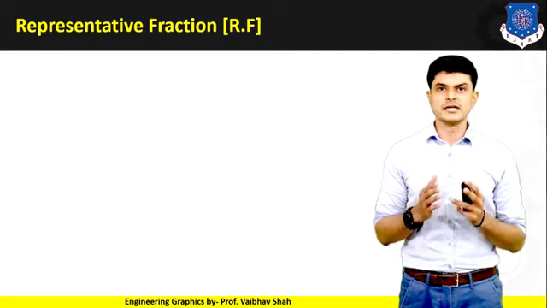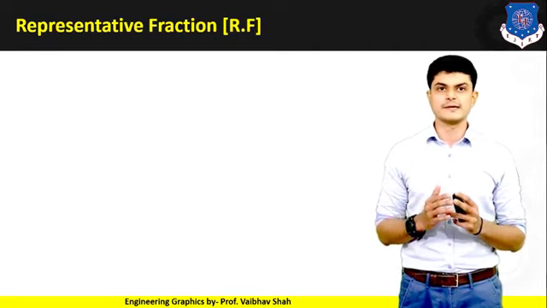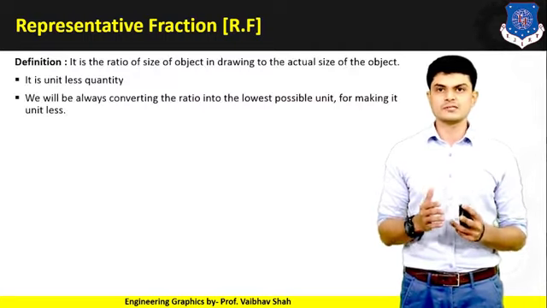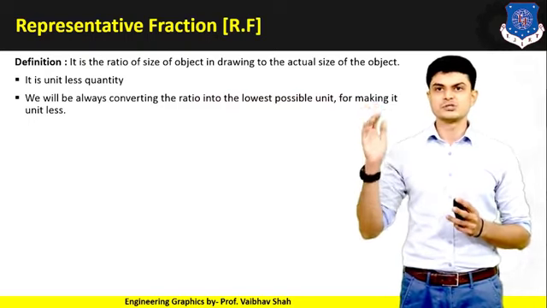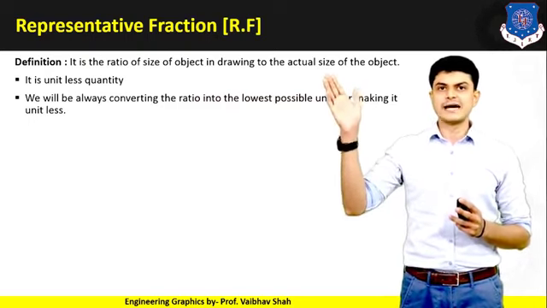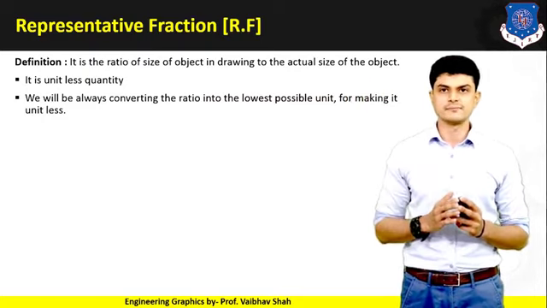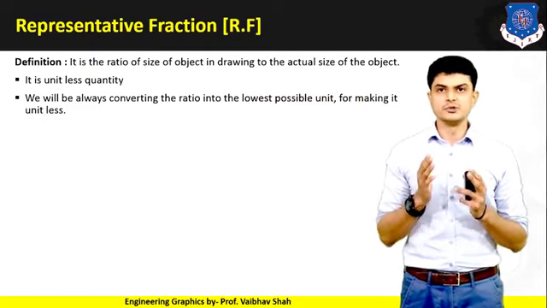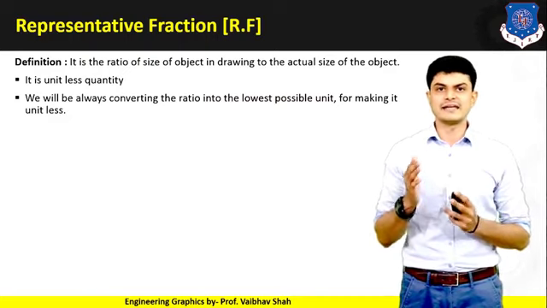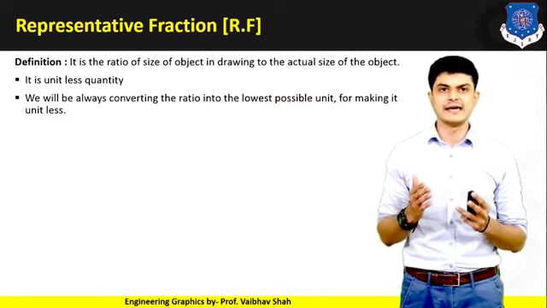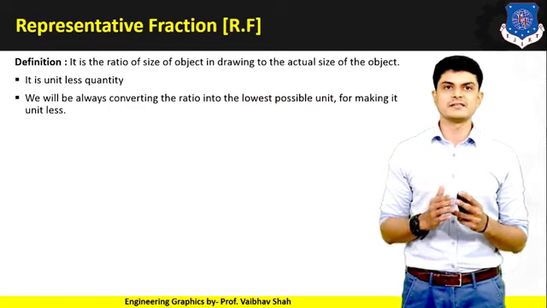First, representative fraction, or RF. Let us understand its definition. It is a ratio of the size of the object in the drawing to the actual size of the object. It is a unitless quantity. As you can see, we are taking the ratio of sizes, and both sizes would be in the same units.